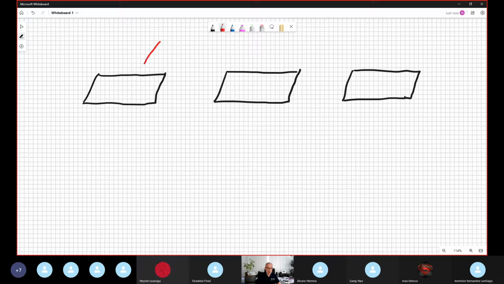Then we have the case in which the line touches the plane and continues. This is a single intersection case. We have another possibility, that the line is completely parallel to the plane and never touches the plane. This is parallel. And the last possibility is containing, so they are perfectly coincident.